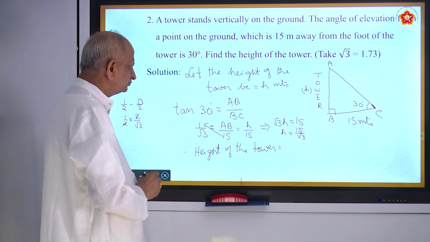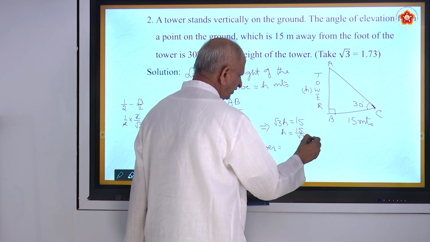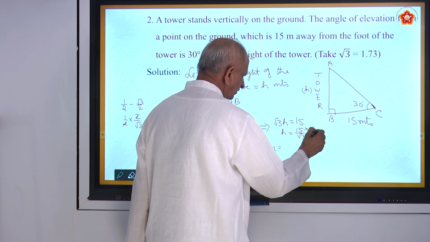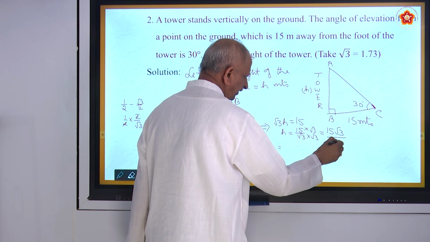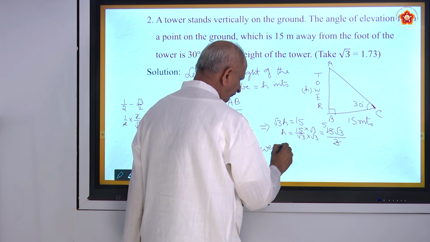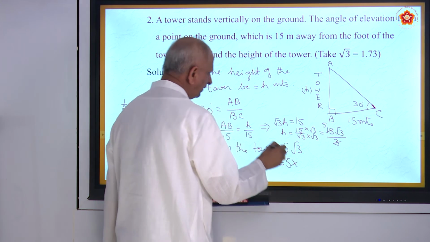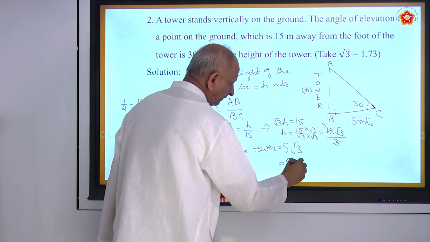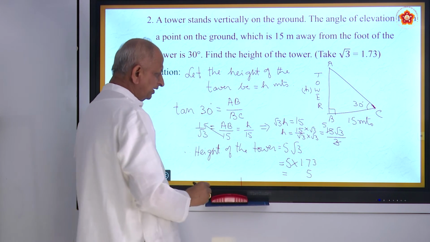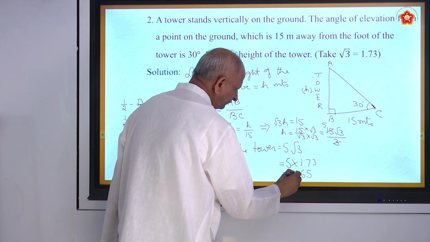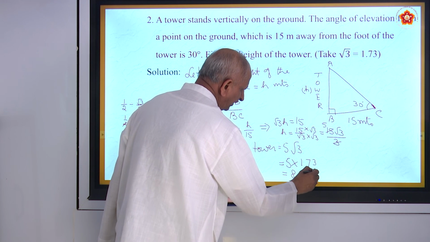And you can rationalize the denominator by multiplying by root 3 on both the numerator and denominator. It is 15 root 3 over root 3 into root 3, which is 3. 3 fives are 15, so 5 root 3, which is equal to 5 into the value of root 3 that is given, 1.73. 5 times 1.73 is 8.65 meters.